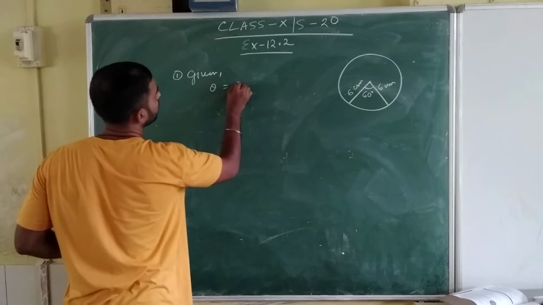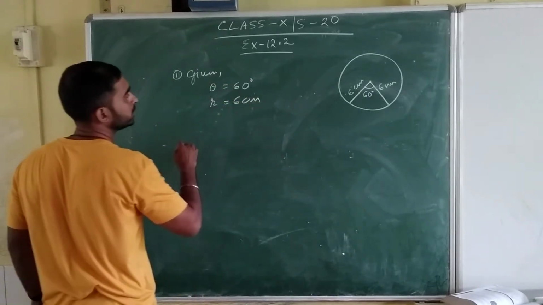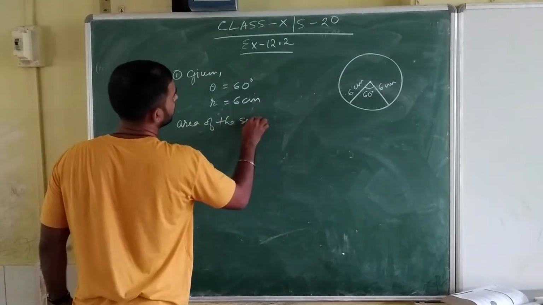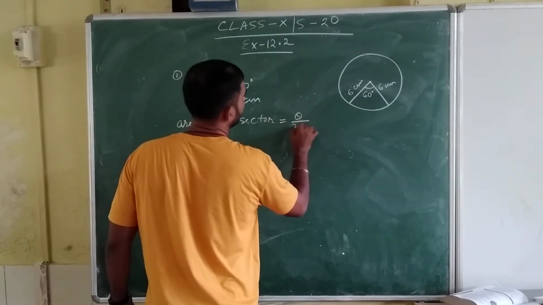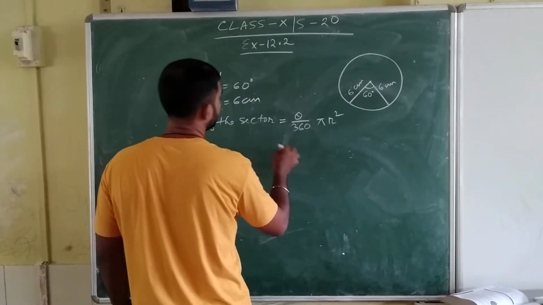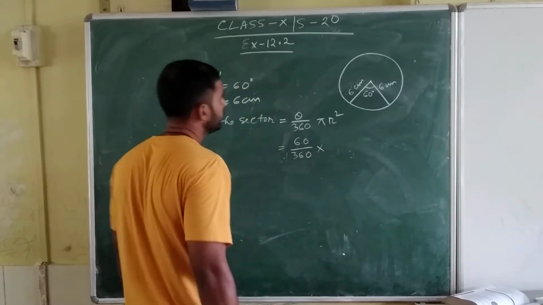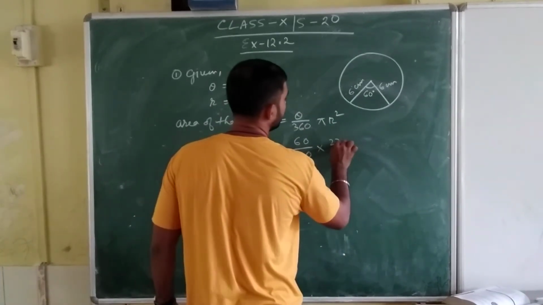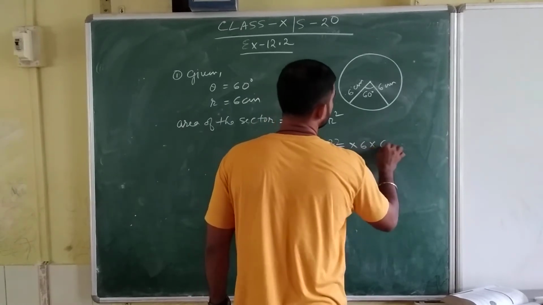Given theta equal 60 degree, r equal to 6 centimeter. Therefore, area of the sector, the formula is theta by 360 pi r square. Now theta equal 60 degree, so 60 by 360 pi. Pi is not given, so pi will be 22 by 7, and r square, r equal to 6, so 6 into 6.